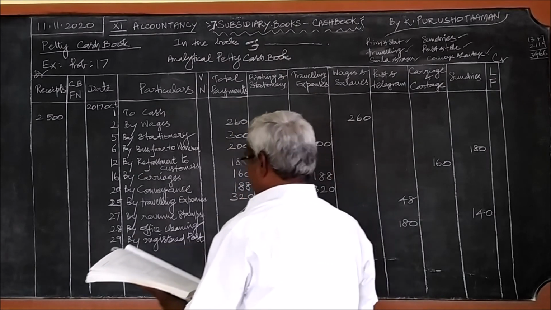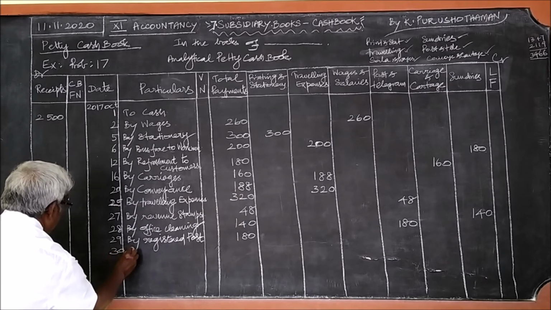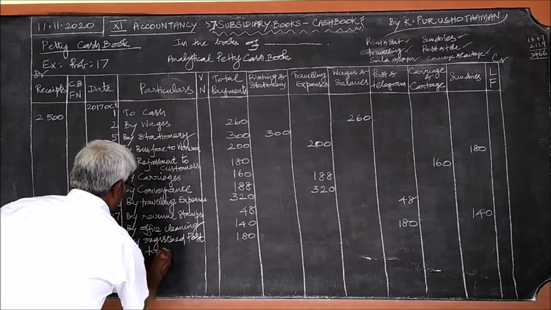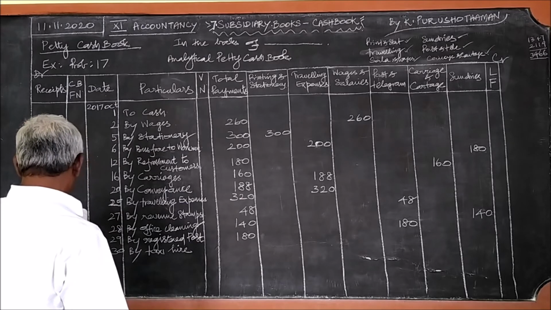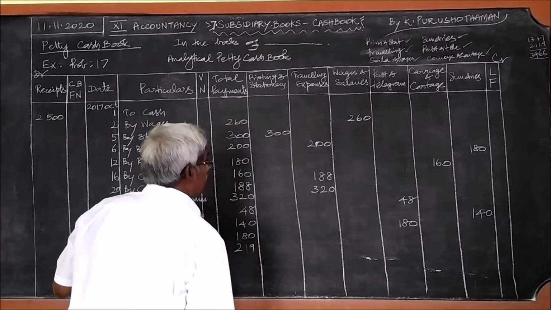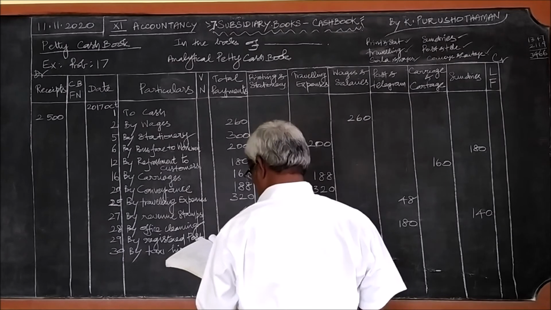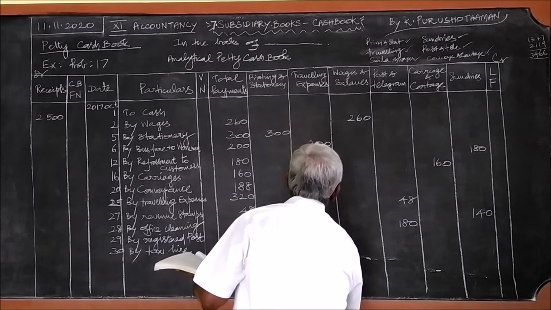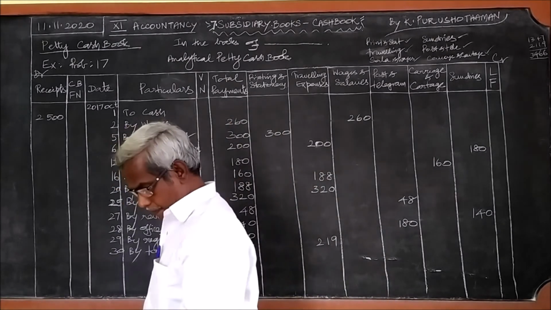Then paid for taxi hire on 30th. By taxi hire, total 290. This taxi hire is travelling expenses. That's all. We have completed.